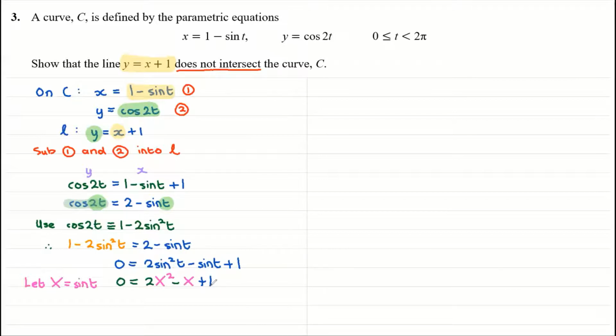So what this is telling us is, if we solve for t, it will tell us the value of the parameter where the line, which I've called L, and the curve C will intersect. Now, if they do not intersect, then no such t will exist.